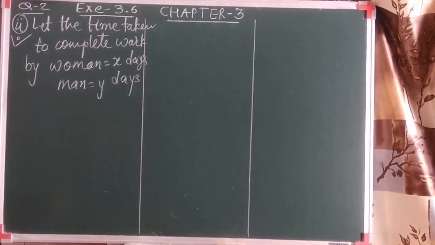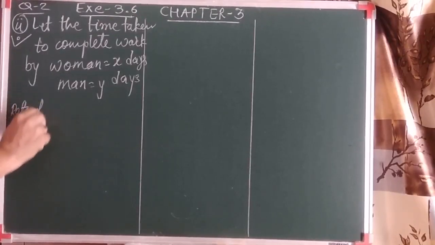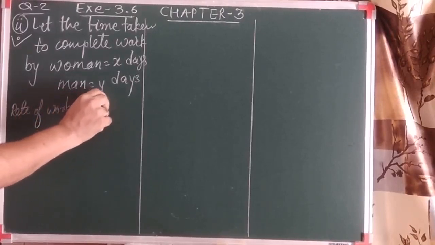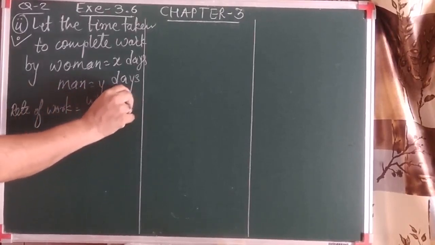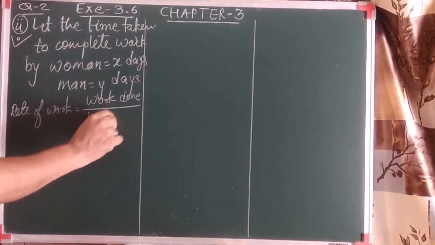Are you getting this? So we'll use here one formula, rate of work. We'll use it to understand. Rate of work, that is work done and time taken. We should understand and remember this.